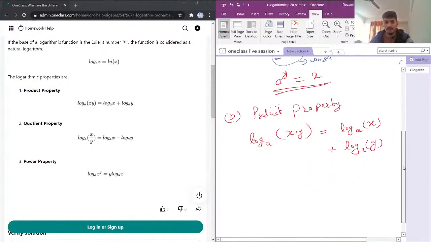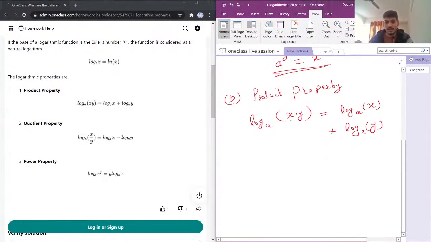So whenever we have a log of two functions multiplied with each other, we can separate those functions with this product property of log. So it will become log of first function plus log of the other function. Here I had one value x and one variable y. Then I can separate these two by using this product property, and I can write log of x with base a plus log of y with base a.